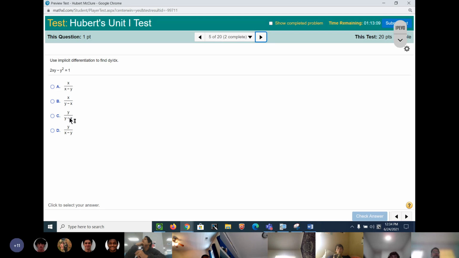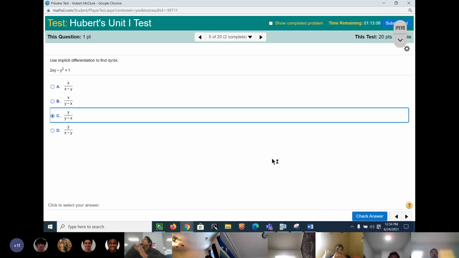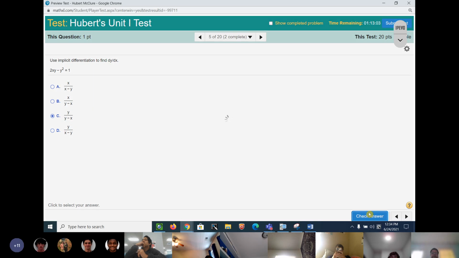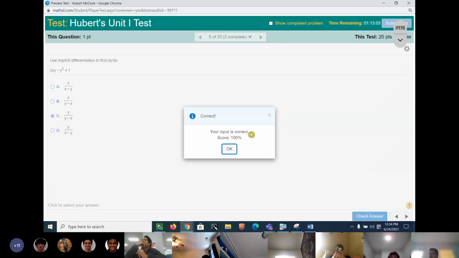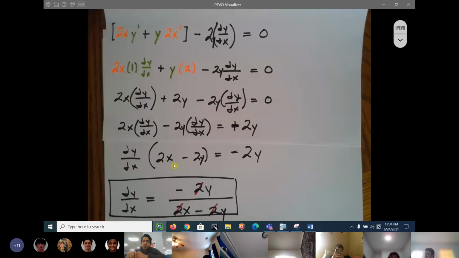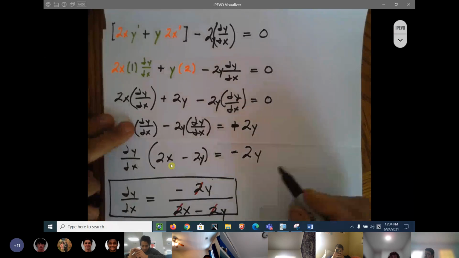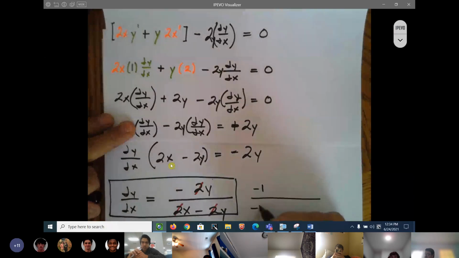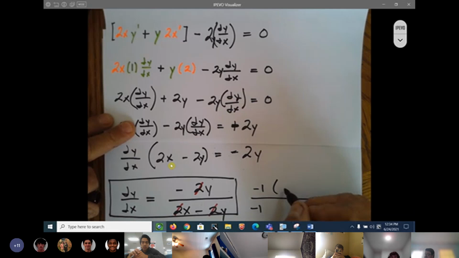There it is. So it should be Charlie. They factored out a negative on top and bottom. So just to show you what they did right here, they factored out a negative 1, negative 1. That leaves you with y over negative x plus y.